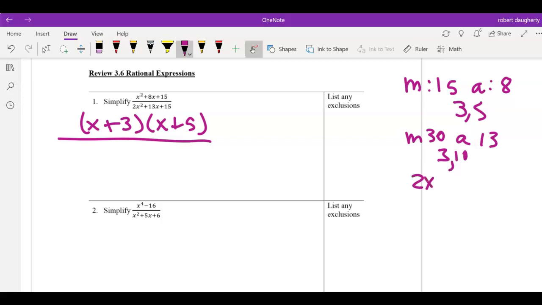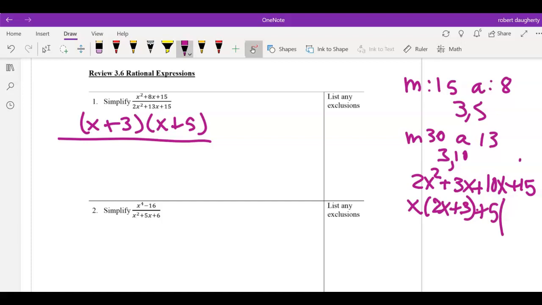2x squared plus 3x plus 10x plus 15. And then factor by grouping, you have x times 2x plus 3, plus, and then you're going to have 5 times 2x plus 3.